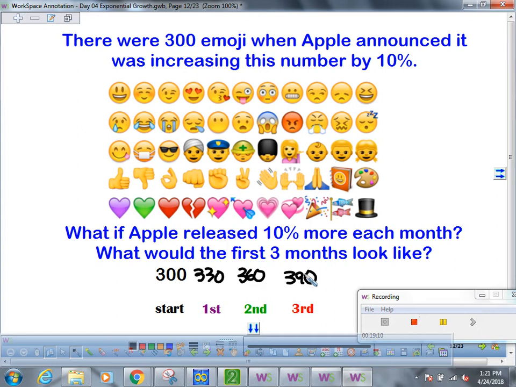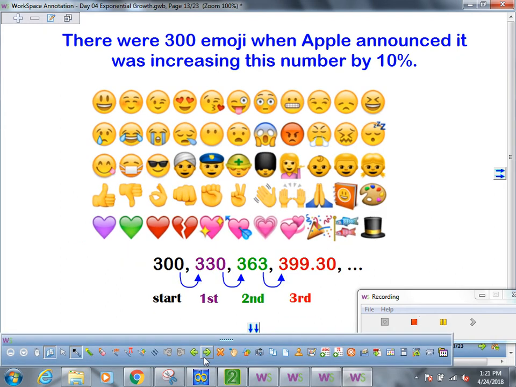It's still 10%. When I have 330, I'm now going to add 33, which is 10%, right? So I should have 330 the first time, 363 the second time, 399.30 the 3rd time.